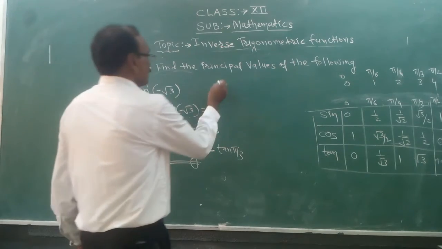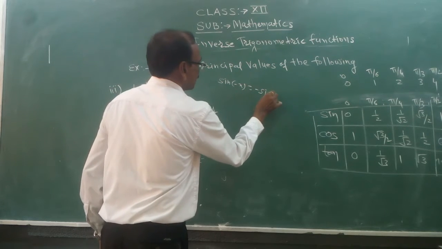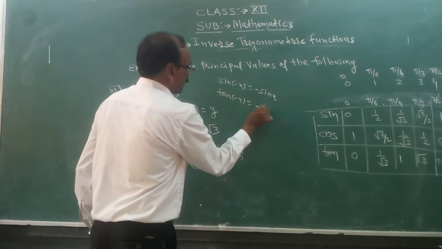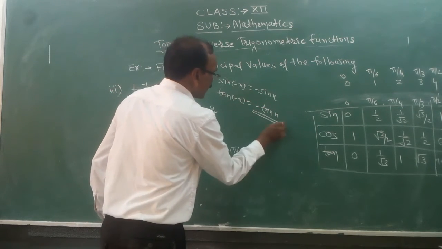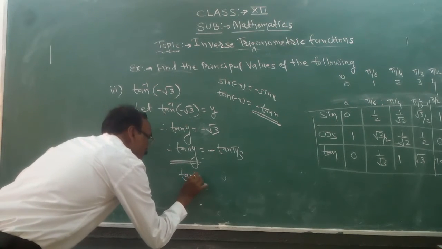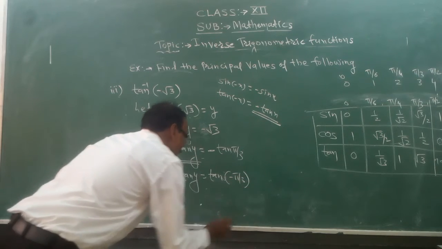You know that sine of minus x equals minus sine x. Similarly, tan of minus x is also equal to minus tan x. So minus tan x can be written as tan of minus x. So tan y equals tan of minus pi by 3.